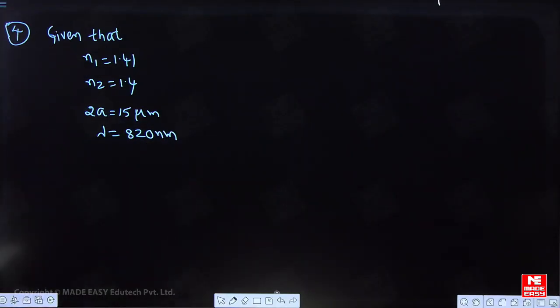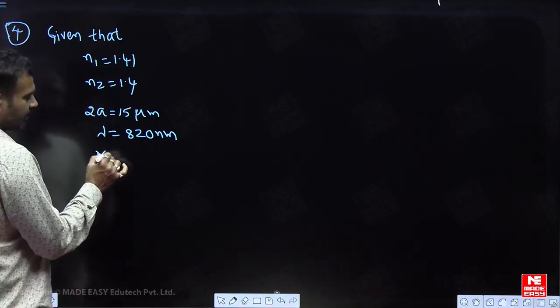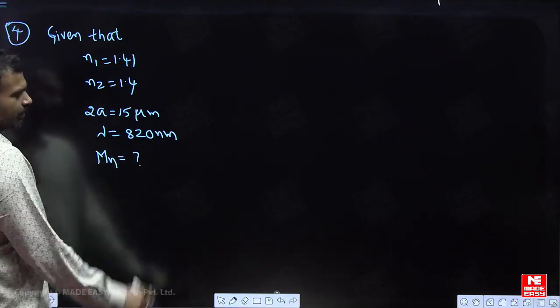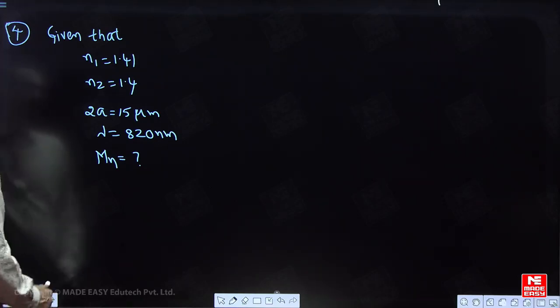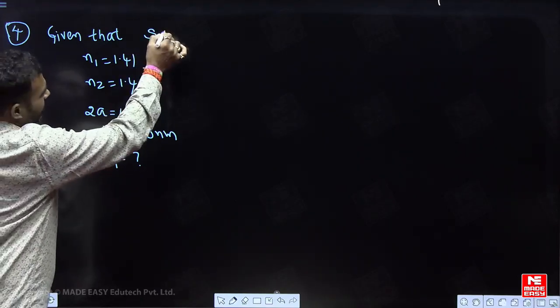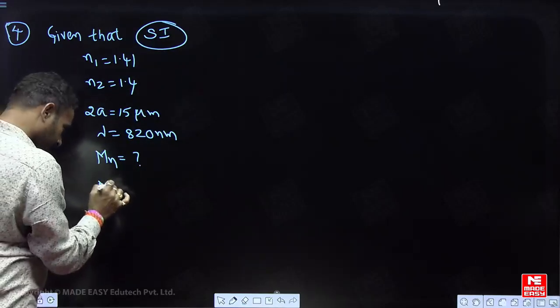This is the given data, and from this given data he was asking to find out the number of modes, Mn. To calculate Mn, we need the value of V, because the step index fiber is specified.